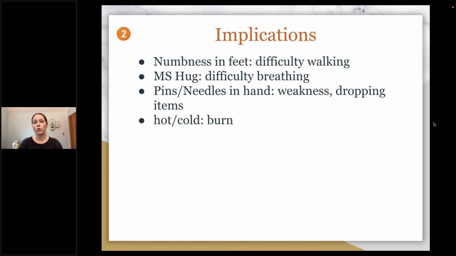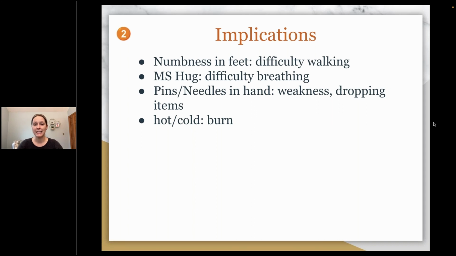And then hot or cold. This can be really tricky if you're trying to heal an injury maybe, or if your muscles are sore and you know that if you just ice them or just heat them for maybe 20 minutes, you'll feel better.